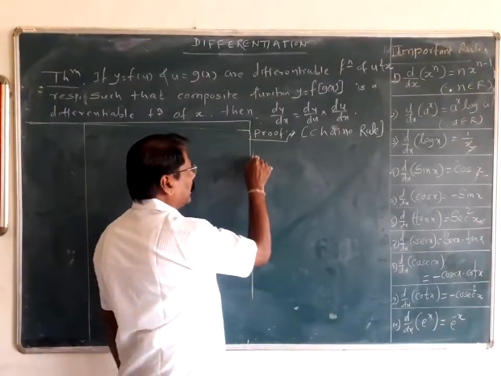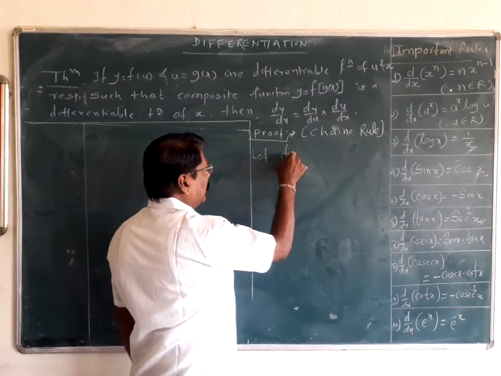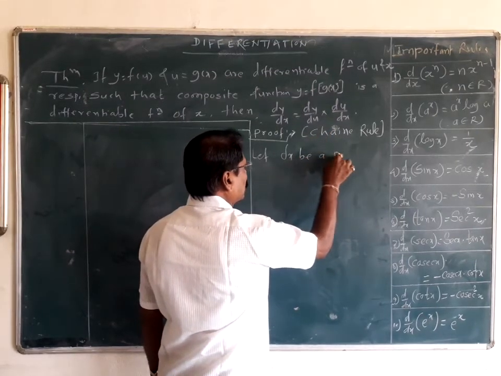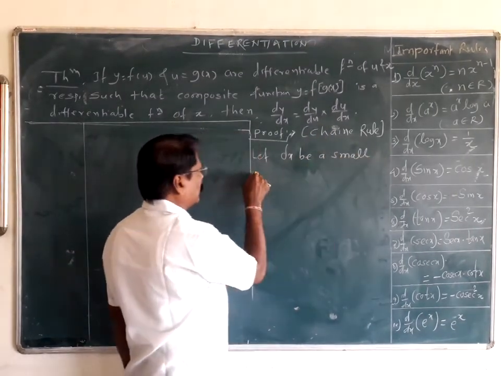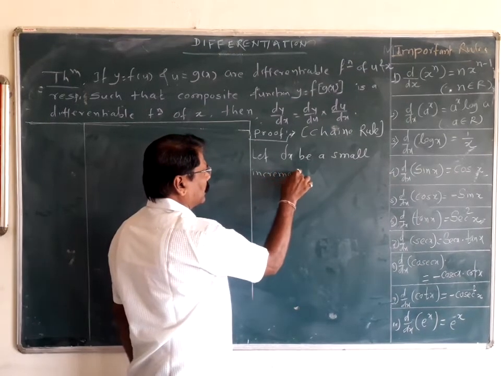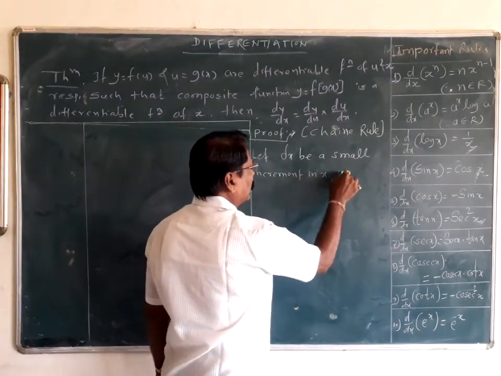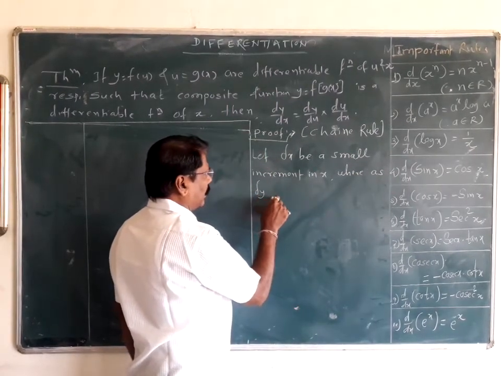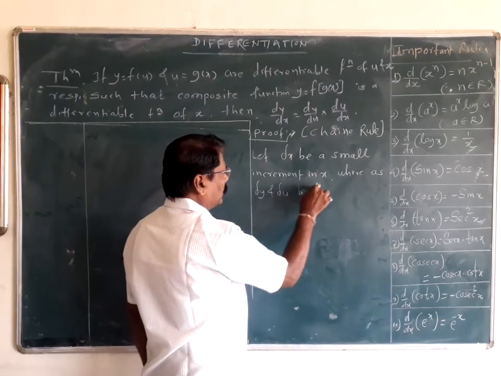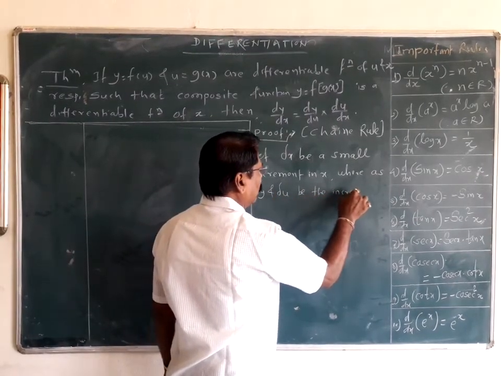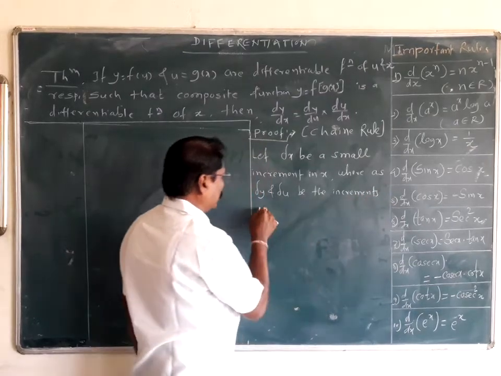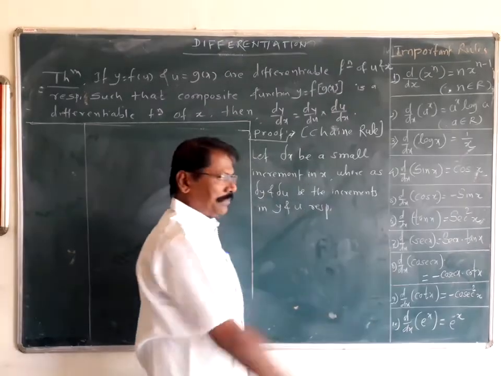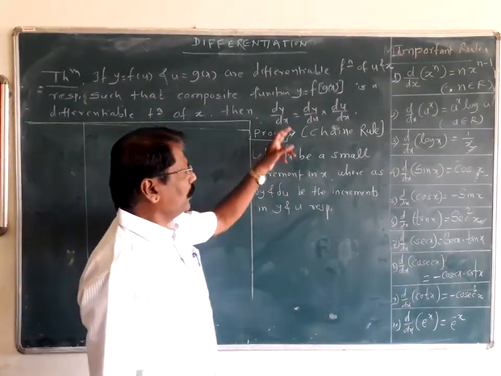Now the proof. Let delta x be a small increment in x, whereas delta y and delta u are the corresponding increments in y and u respectively.